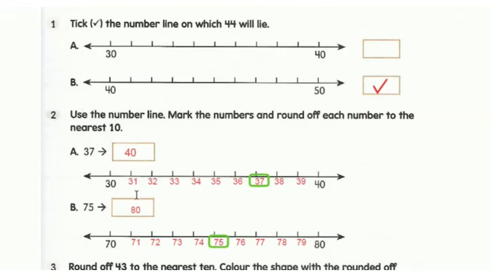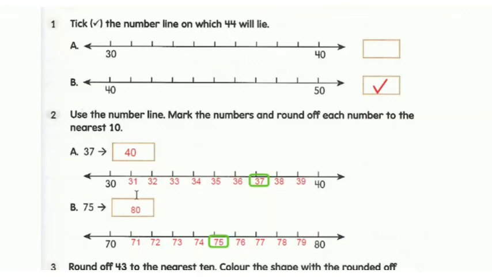In the next question, use the number line, mark the numbers and round off each number to the nearest 10. Now the given number is 37. You have to draw the number line from 30 to 40: 30, 31, 32, 33, 34, 35, 36, 37, 38, 39, 40.